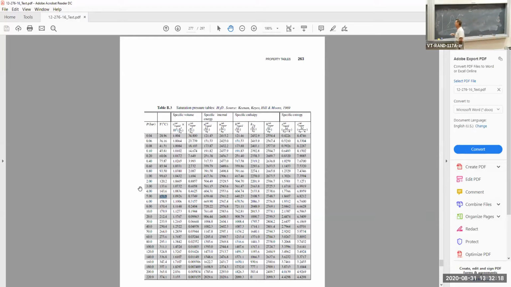So Tsat of 151.9 degrees C is also equal to T. Okay? That means we're somewhere here along the isobar. We are a saturated mixture of some kind. We could be a saturated liquid, or a saturated vapor, or somewhere in between. The point is, we are some kind of saturated mixture.